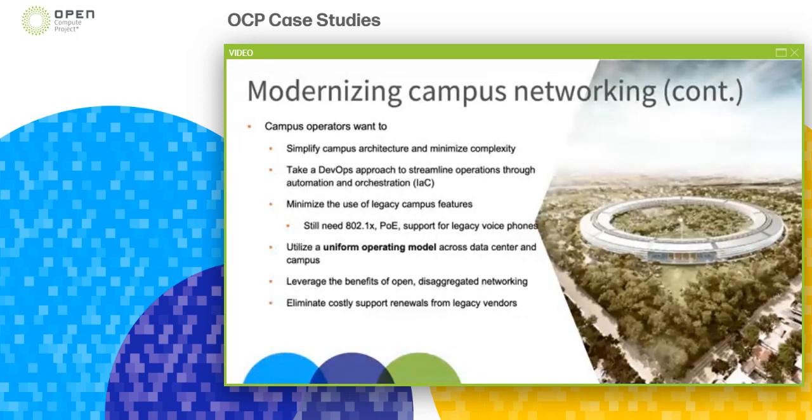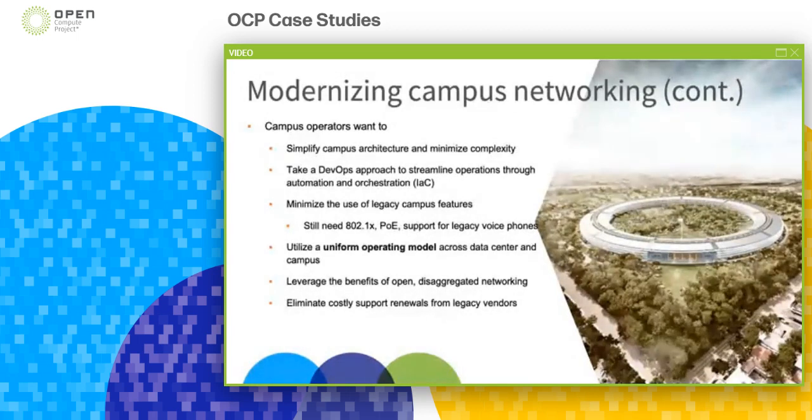And in fact, what we find is that in many environments, if the same IT team is responsible for both the data center and the campus deployments, then there is a natural desire to leverage the exact same set of tools to deploy and manage networking technology end-to-end.